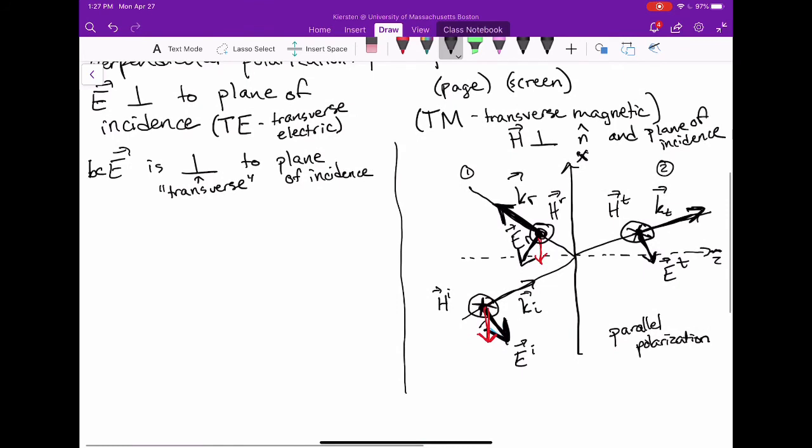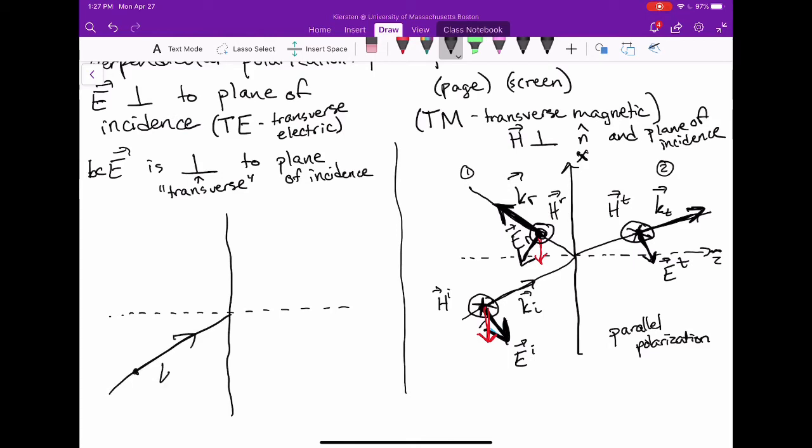For perpendicular polarization, the setup is pretty much the same, except this time the electric fields are perpendicular to the plane of incidence. Which means that my electric field, I'm going to define EI into the page like that. So if that's into the page and E cross H has to point in the KI direction, that means that HI is that way.